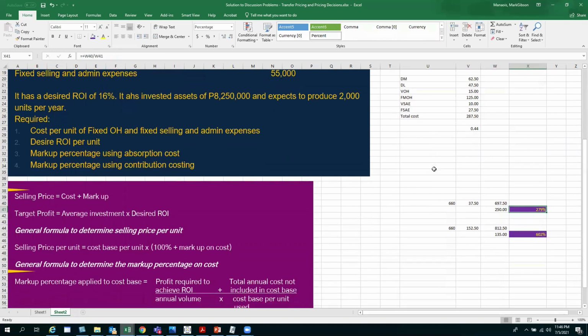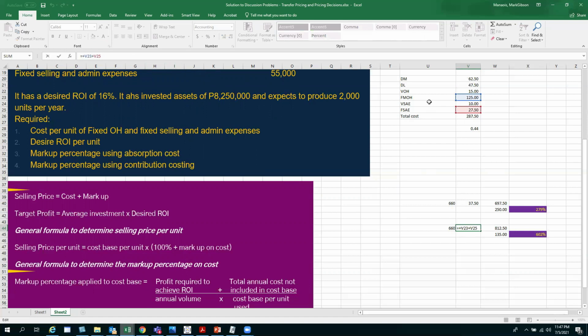Okay? Ngayon, pag-usapan natin, paano pag contribution costing or contribution approach? Again, in contribution approach, alam niyo naman na ang manufacturing cost niyo includes your direct material, direct labor, and variable overhead and variable selling and admin expenses. So in that case, ang hindi kasama would be the fixed element.